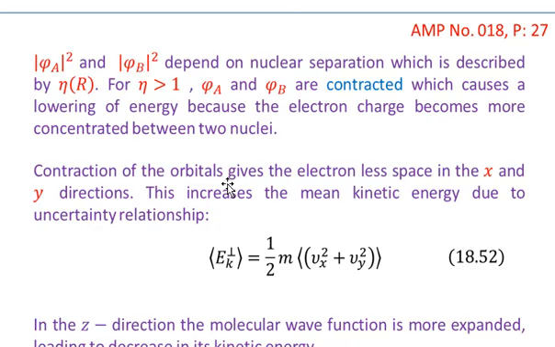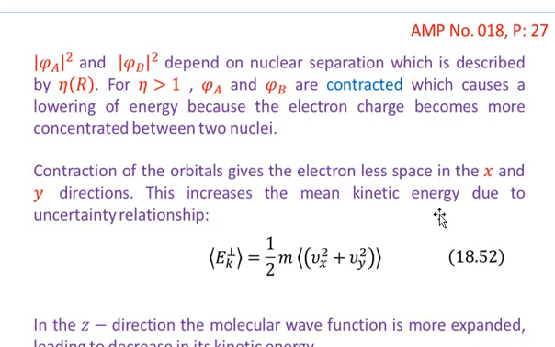Contraction of orbitals gives the electron less space in the x and y direction, because our atomic orbitals are contracted in the xy plane, contracted both along the x-axis and along the y-axis. And the contraction of the orbitals gives the electron less space in the x direction and in the y direction.